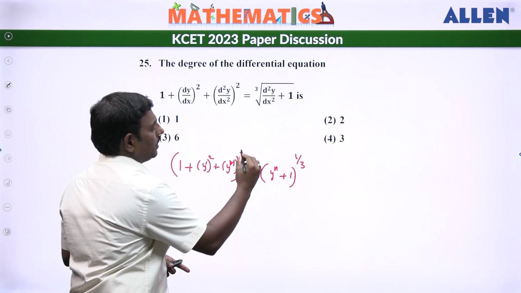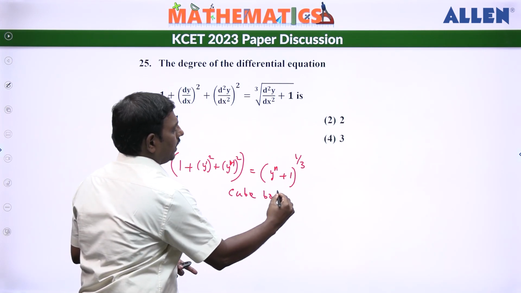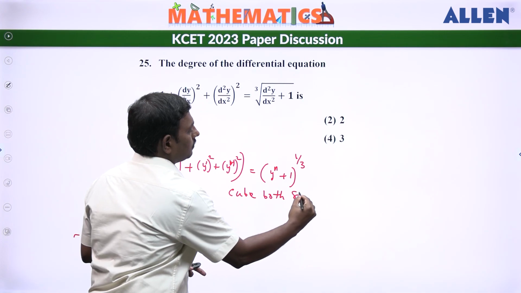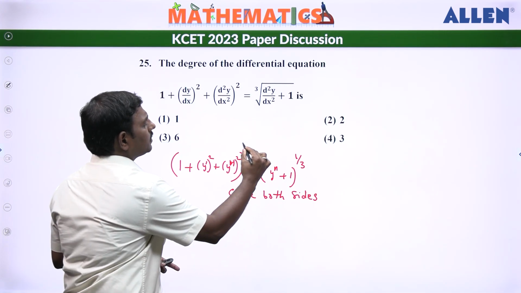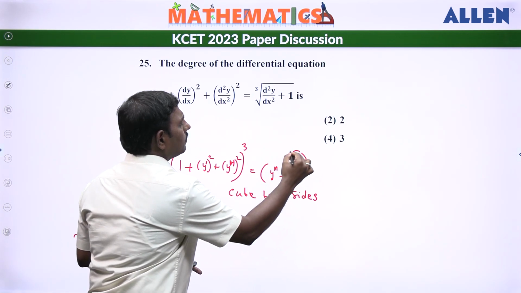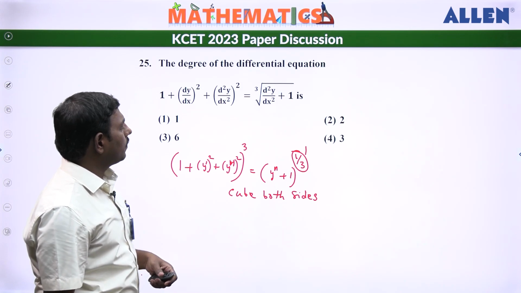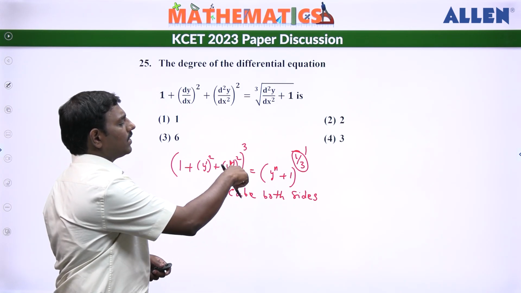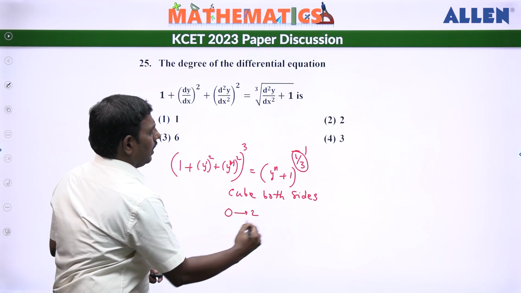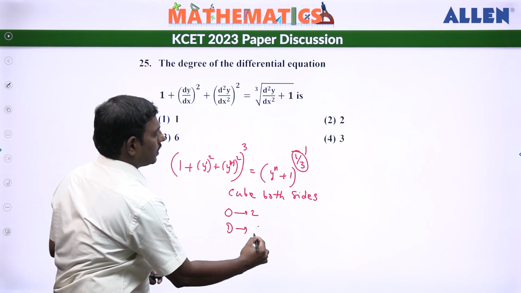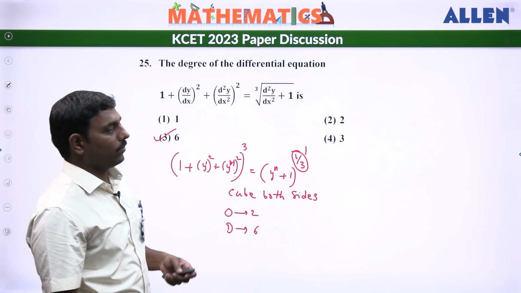When you cube both sides, here you can observe this is 3 and this becomes 1. Now we need to find the degree of the differential equation. The degree depends on the order. So we can say here order is clearly 2 and the degree of the differential equation is 2 times 3, which is 6. So 6 is the answer for this equation.